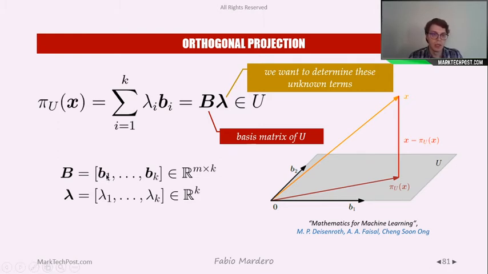Here you can see a matrix where every column is a vector of the basis. So, to fully characterize our projection matrix, what we want to determine are the lambdas, this lambda vector.